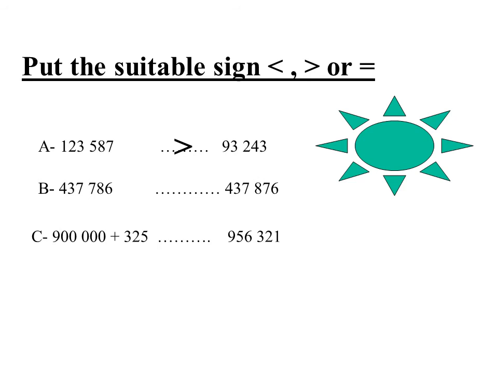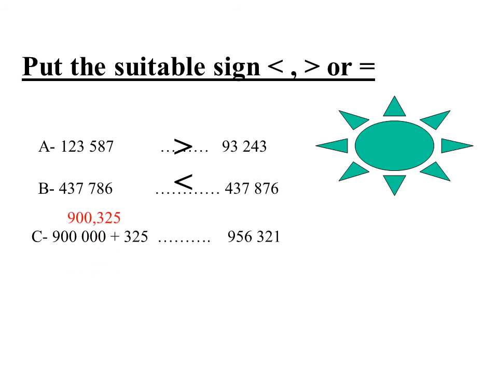There is 7 in the first number and 8 in the second number, so 8 sure is greater than 7, so we'll put smaller than, because 437,786 is smaller than 437,876.